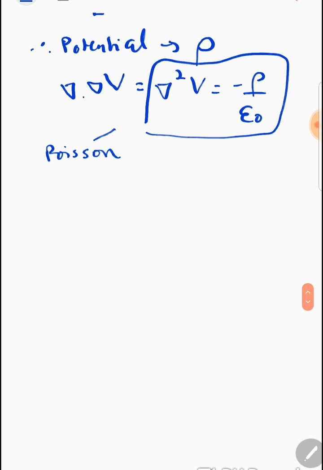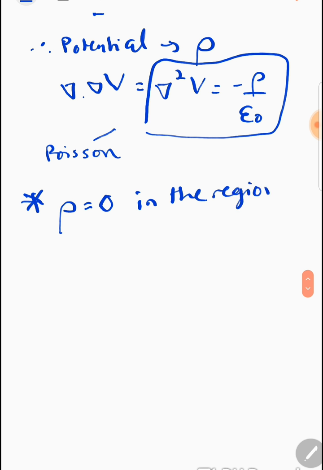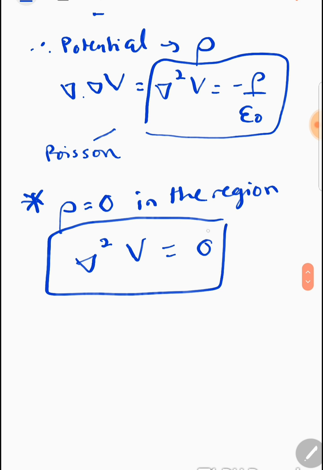Basically, what it tells us is that when you have zero charge density in the region, that will give us 0, isn't it? So if I replace rho, my charge density, with 0 in the Poisson equation here, what I get is nabla square V equals 0. And this is what we know as the Laplace equation.